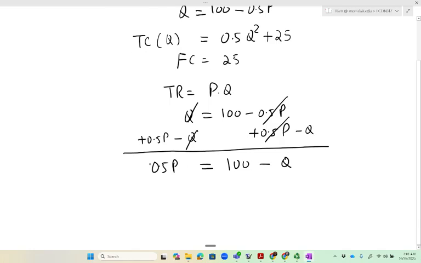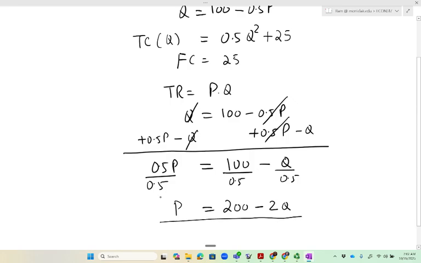I need P by itself. So I divide each term on both sides by 0.5. So I get P by itself. 100 divided by 0.5 is 200 minus Q divided by 0.5 is 2Q. So this is our inverse demand function given the demand function at hand.